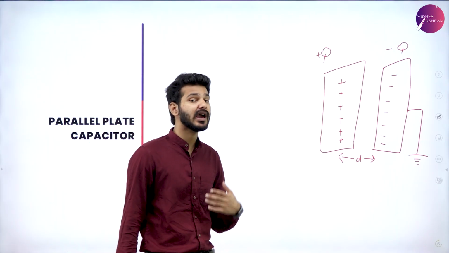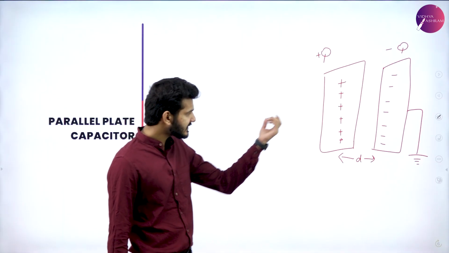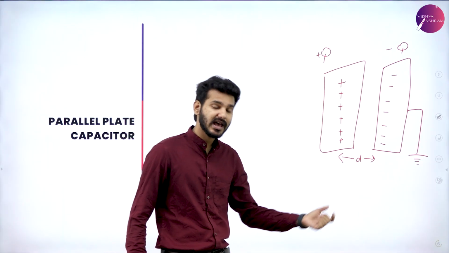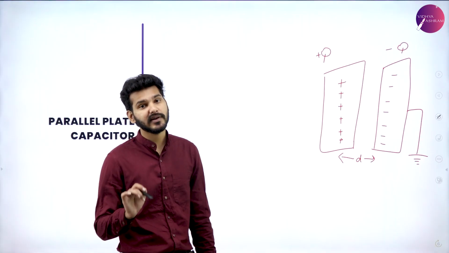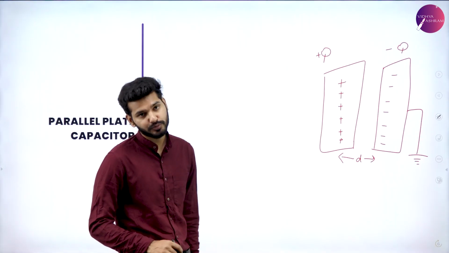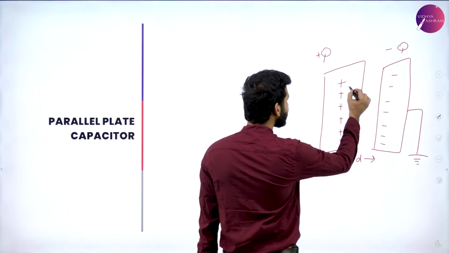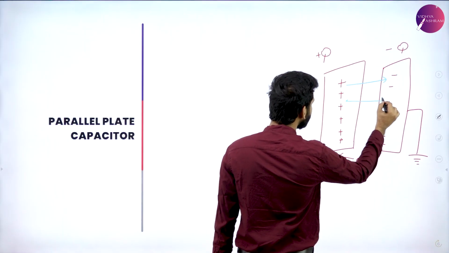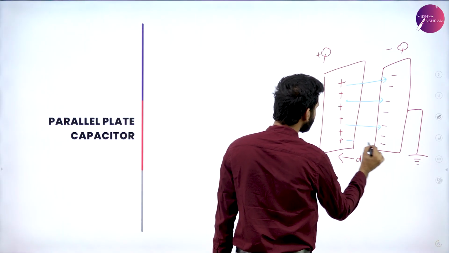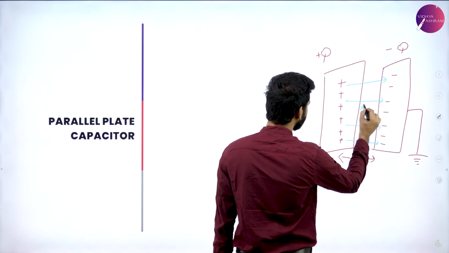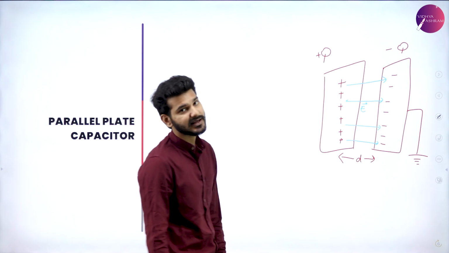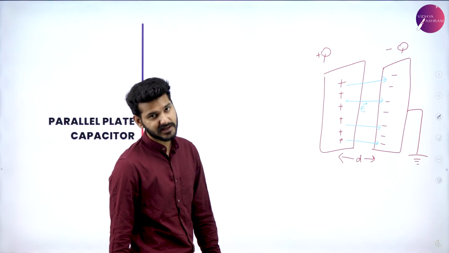But the important thing we have to remember here is that since there is charge separation like this, there will be an electric field acting in between those two plates. So we can say that the electric field will be from positive to negative. So this will be the direction of the electric field between those two plates.